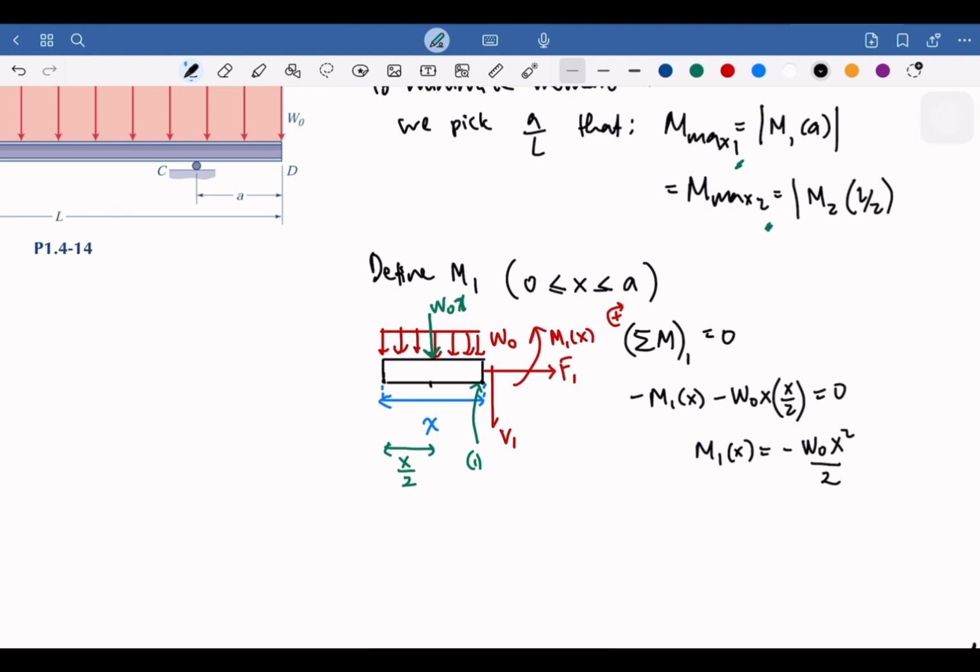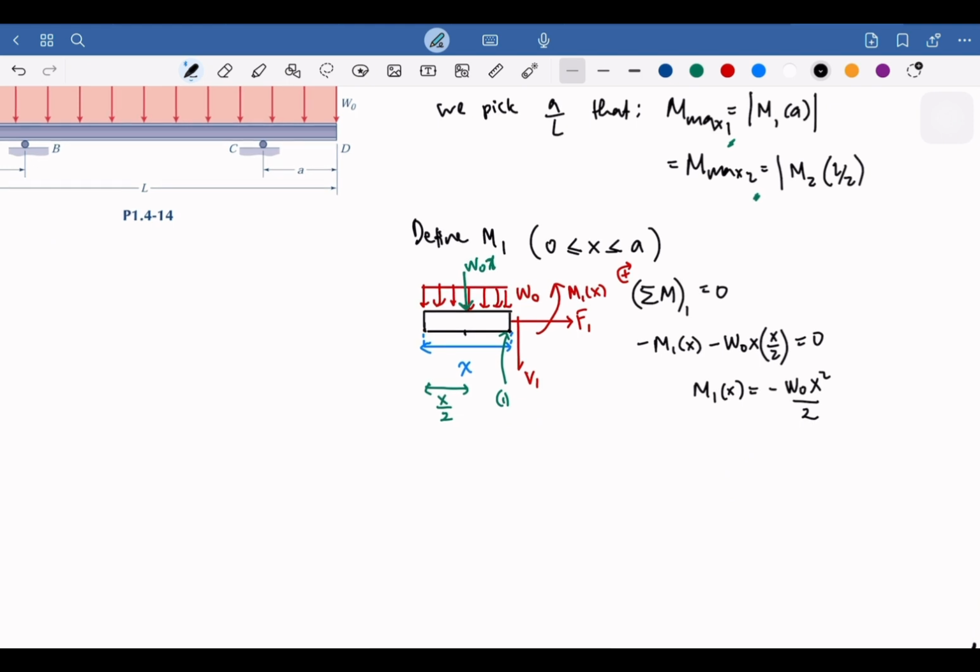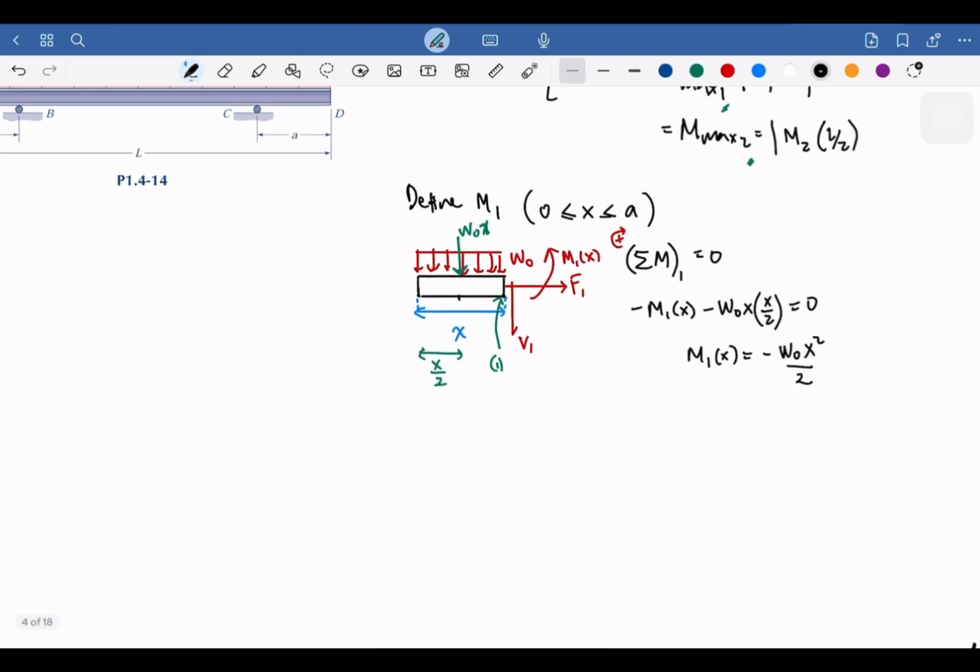Okay, now we define the second one, the M2, as the rest of the diagram. So we define the M2 as it's from A less than X less than, let's say we have the L minus A for the right side.